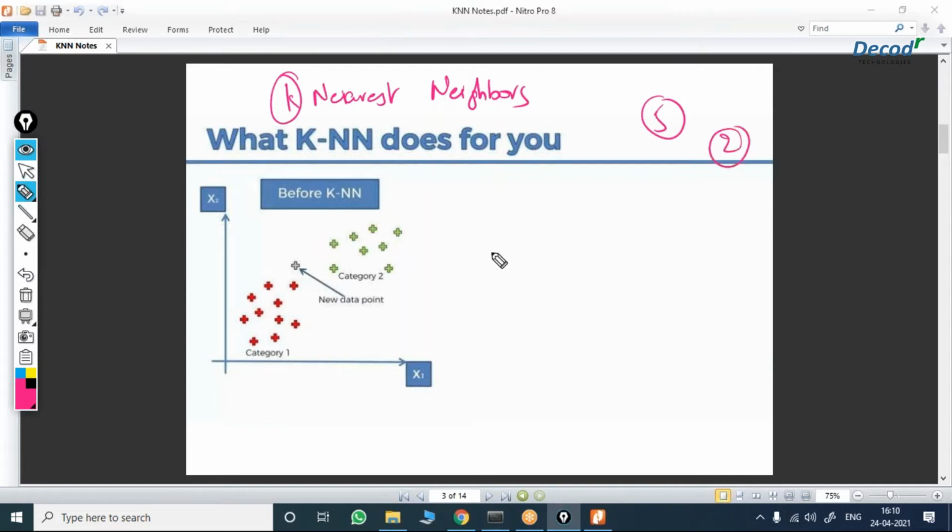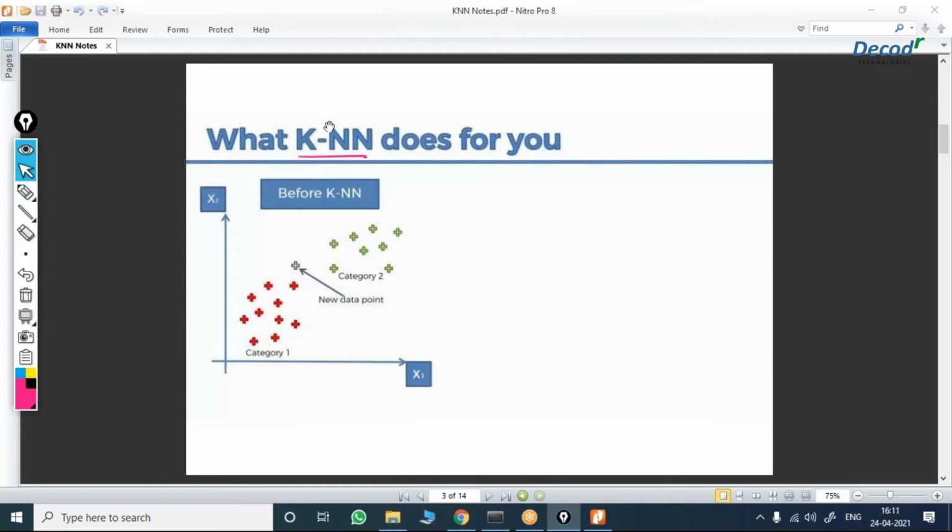Based on that, it is going to consider. If I take 3 neighbors, it considers the nearest 3 neighbors and accordingly it is choosing. So this is called K nearest neighbor.